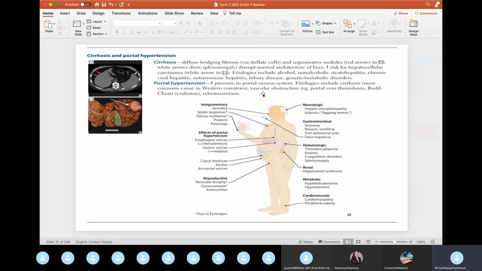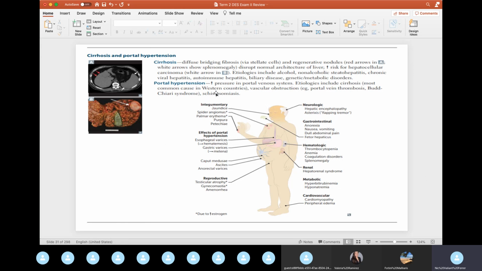Or you can have vascular obstruction, a portal vein thrombosis, a thrombosis in your portal vein, or Budd-Chiari syndrome, a thrombosis in your hepatic veins. Or it can be due to schistosomiasis, which you're going to learn more about in term 3, Schistosoma mansoni. Schistosoma haematobium can give you transitional cell cancer of the bladder, or urothelial carcinoma.